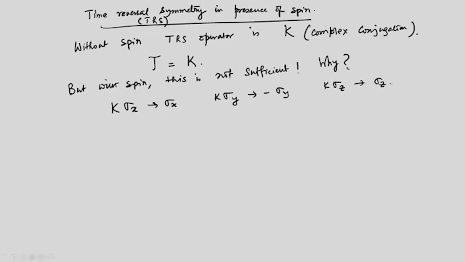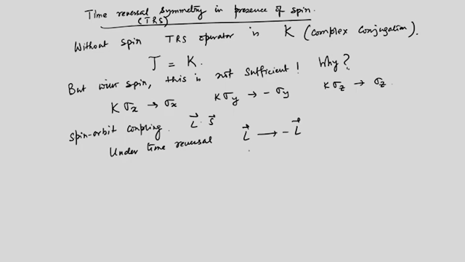But why do we want it to change sign? So, let us go back to the spin orbit coupling, which is written as L dot S. Now, under this time reversal, L goes to minus L and S goes to minus S, so that there is no change in sign.